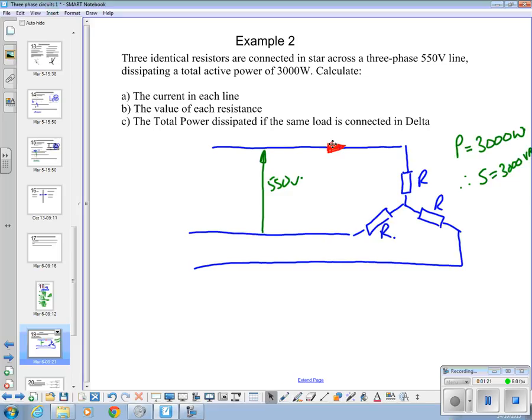How are we going to tackle that? ST is 3 IP.